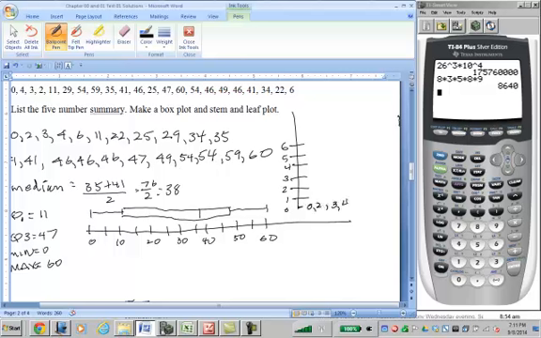Okay. All right. That's the box plot, stem, and leaf plot.